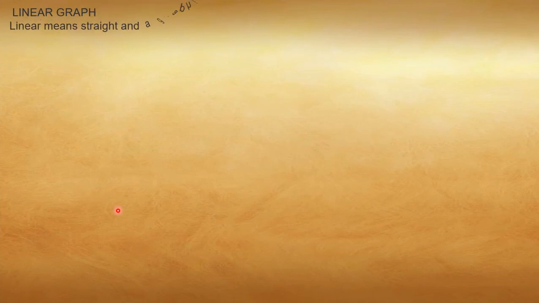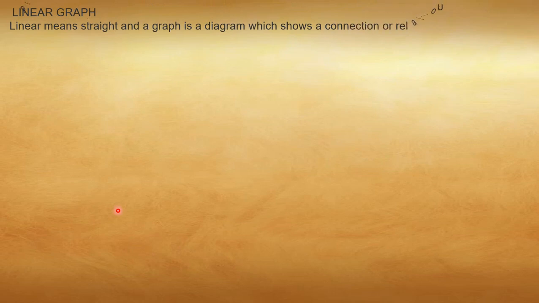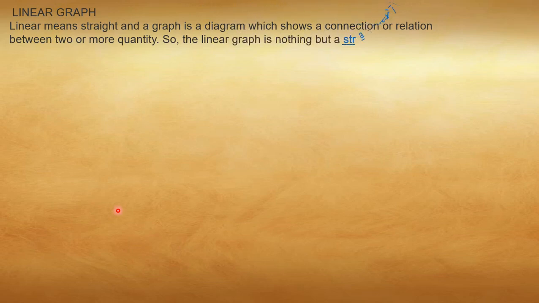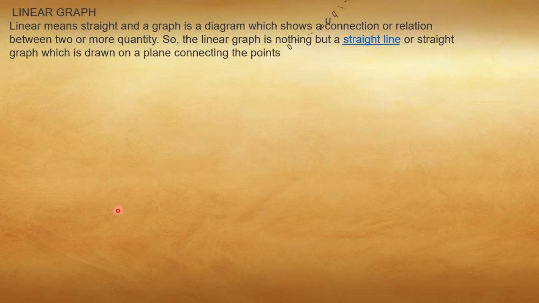So, what is the meaning of this linear graph? Linear means straight, and a graph is a diagram which shows a connection or relation between two or more quantities.